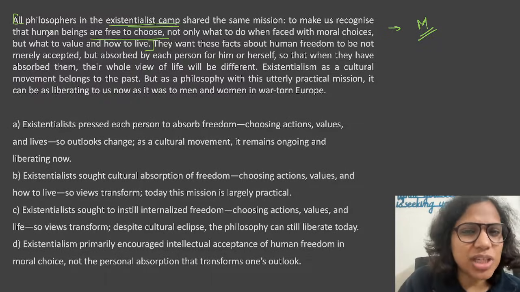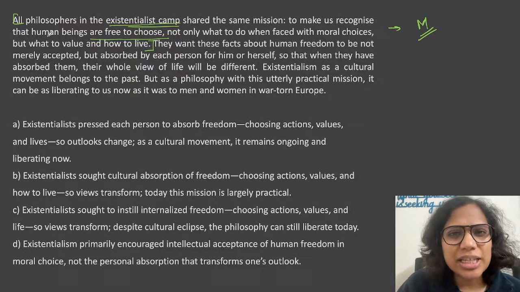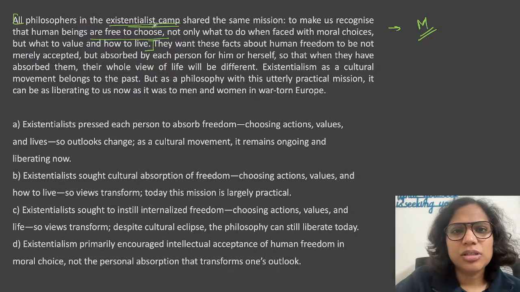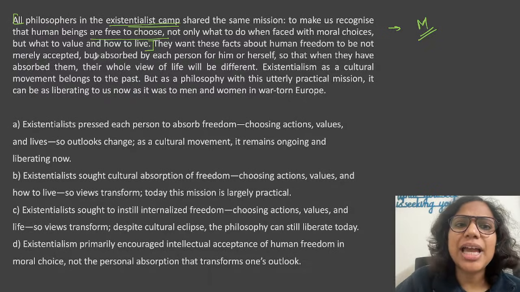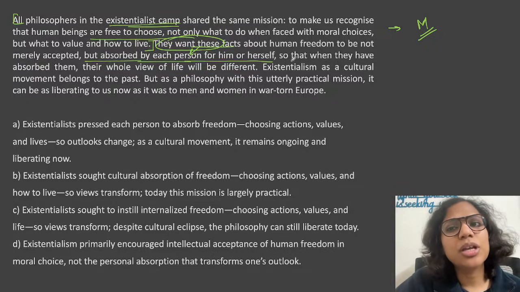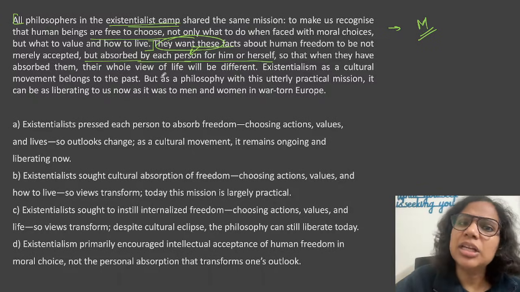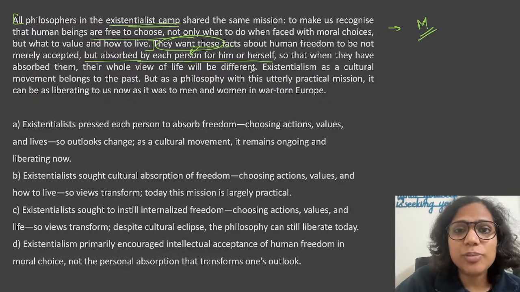Are they imposing? Are they pressurizing each person to absorb freedom? They want these facts about human freedom to be not merely accepted but absorbed by each person for himself or herself, so that when they have absorbed them, their whole view of life will be different.